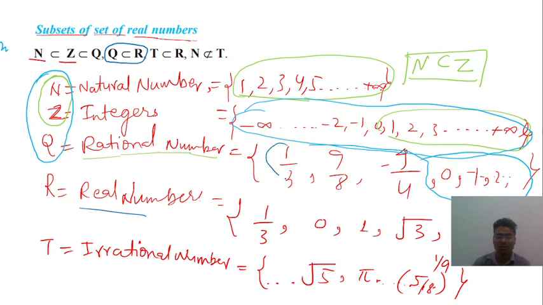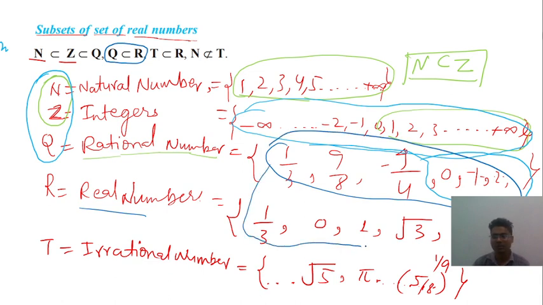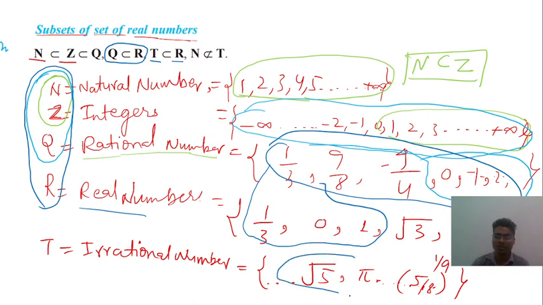So all the rational numbers are a subset of the real numbers. Real numbers combine everything out there. Also, we can say that the irrational numbers are a subset of the real numbers.